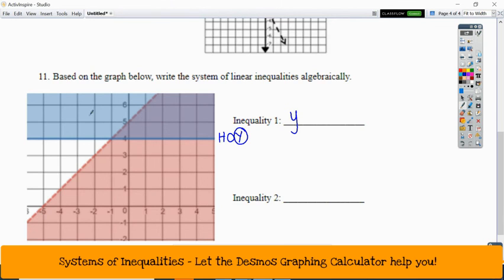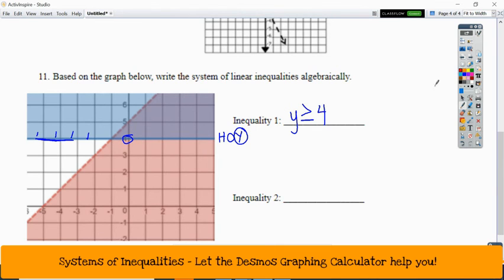I can see that my blue shading is happening up above my blue line, so I know I'm going to need some kind of a greater than symbol. And this is a solid blue line, so that means I need that solid underline with it. What value is this horizontal line at? This is occurring at 4. So there's my first inequality.